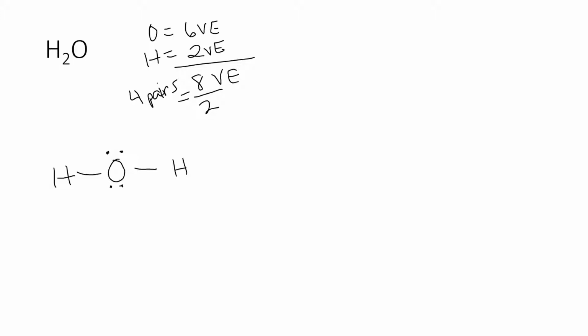The problem is it actually doesn't take a linear shape like carbon dioxide does. The reason for that is these lone pairs. These lone pairs are trying to not only repel each other, but also attract to the hydrogens, and the hydrogens are also trying to repel each other. So when we have 2 bonded things and 2 sets of lone pairs of electrons, what we actually get is this shape.